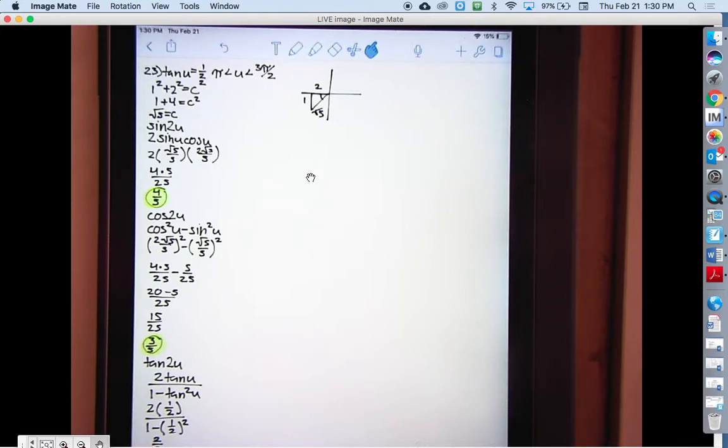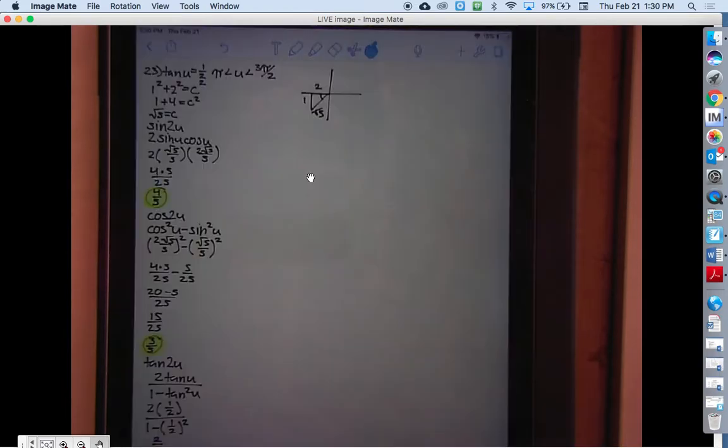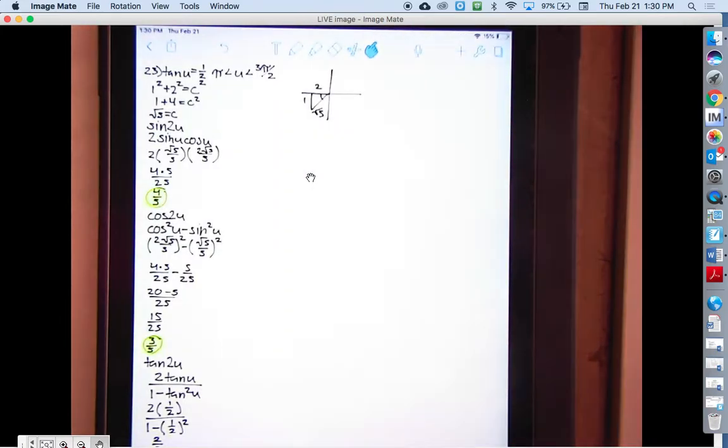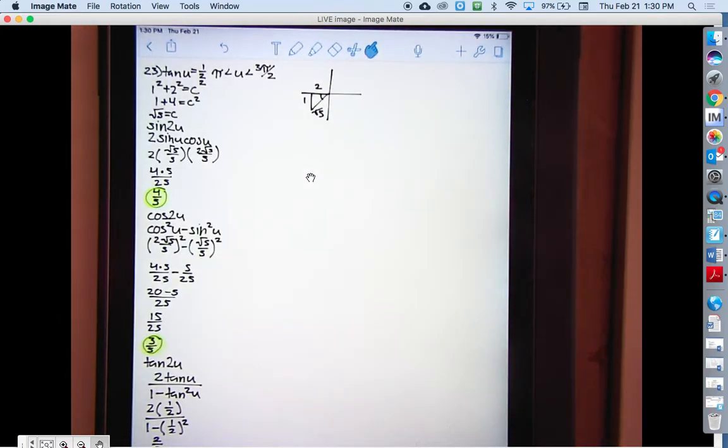And then you would do the same thing with cosine, but you'd have 2 square root of 5 over 5. And then you would combine that. You would multiply square root of 5 times square root of 5 is just 5. And 2 times 2 is 4. And then 5 times 5 is 25. And then the 5's cancel out to get 4/5.